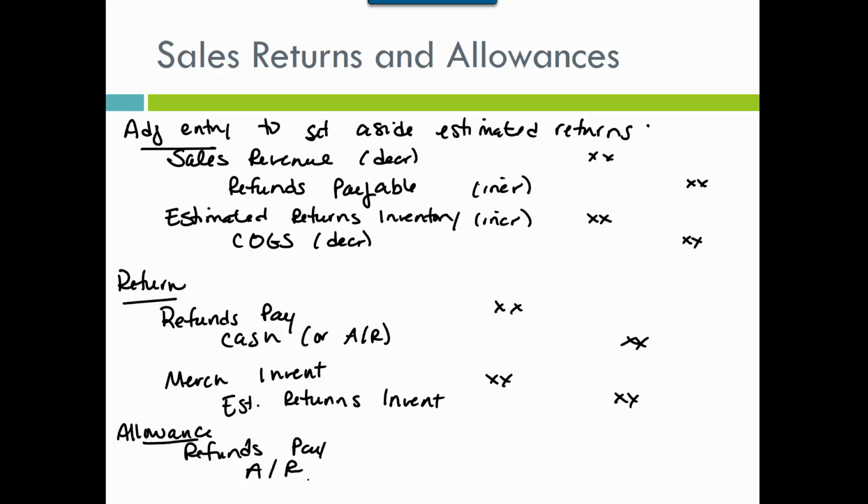The other part we have is transportation, which again is a little bit different. When we were the buyer, when we're doing the purchase transactions and we're the buyer, everything just went to merchandise inventory. If it's FOB destination, that means that the seller pays the shipping charges or the transportation cost.